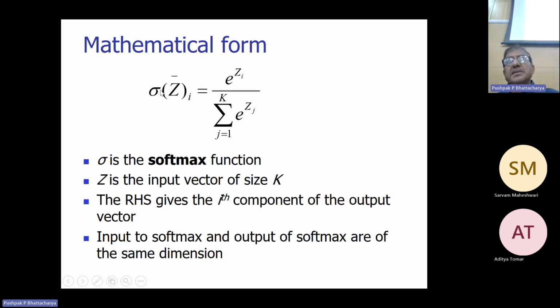Sigma is used for both sigmoid and softmax; you understand this to be softmax or sigmoid from the context. So if sigma operates on a vector of n components, then the sigma's output is e to the power z_i divided by the sum over j equal to 1 to k of e to the power z_j. And sigma is the softmax function.